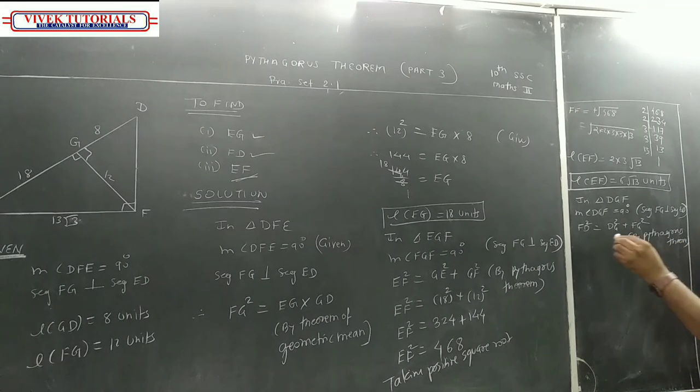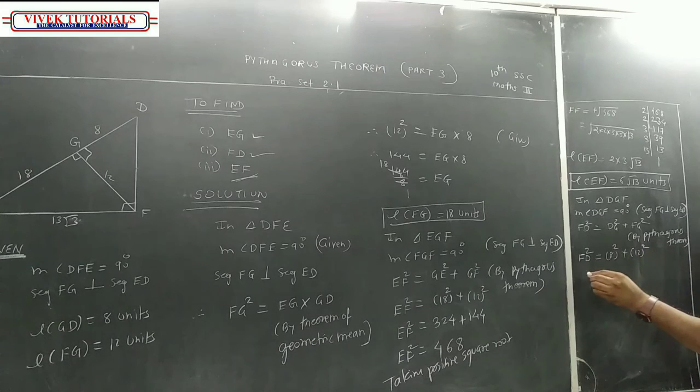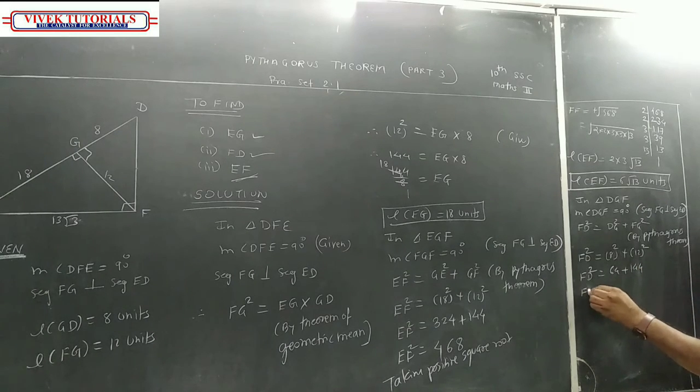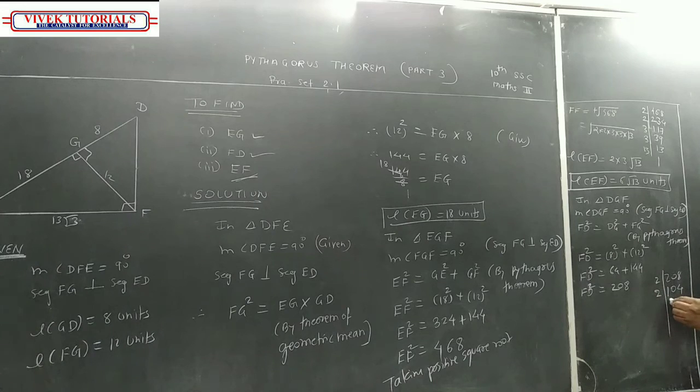Okay, so FD square is equal to DG, which is 8 square, and FG, which is 12 square. So FD square is equal to 64 plus 144. So what you are getting is FD square is equal to 208. Again you have to find the factors of this: 2 1s are 2, 0 4, then 52, then 26, then 13.